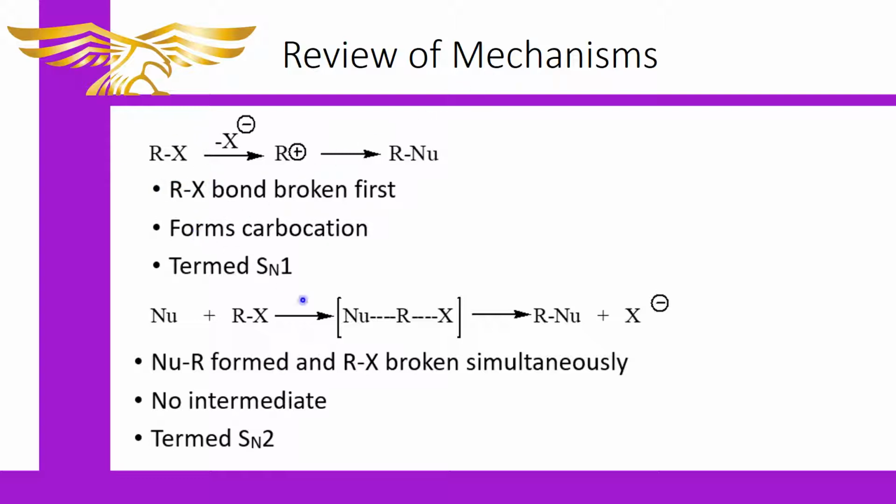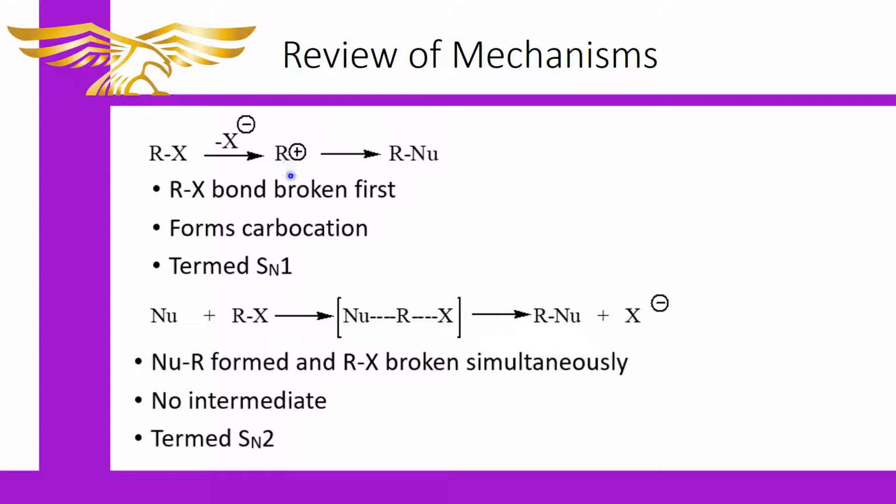Here we see a review of the mechanism. The first mechanism shown is for the SN1 reaction. This is where the alkyl halide is placed in presence of protic solvents and acids in most cases, such as dehydrating acids or in some cases some type of solvent that will allow for a proton to be donated to it to help the carbocation form.